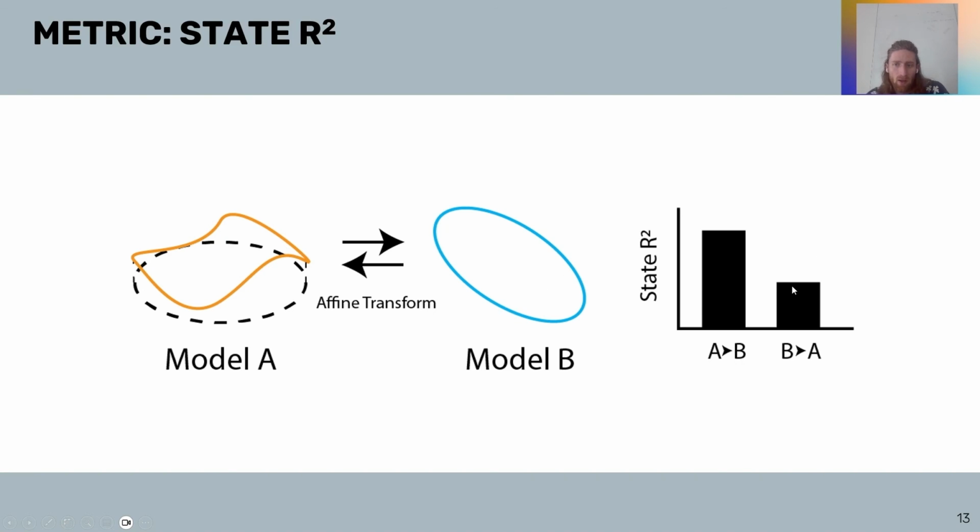This is just one of the metrics that we're using. Another one is called dynamical similarity analysis. It's from Ostrow and colleagues, which is invariant to the specifics of the geometry of these two models, and looks more at the underlying dynamics themselves.